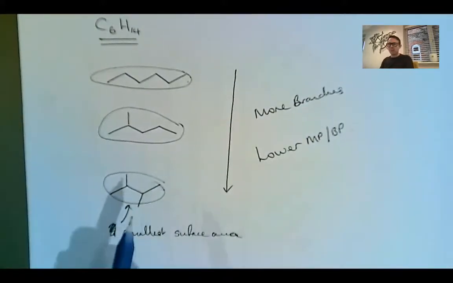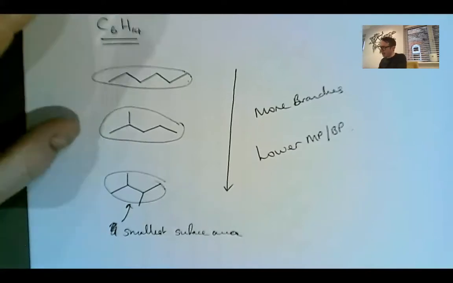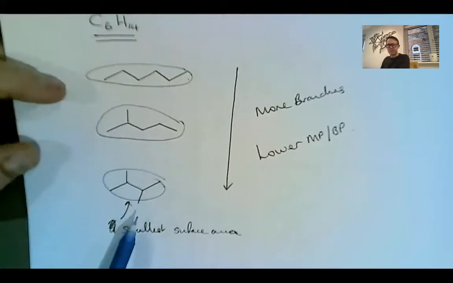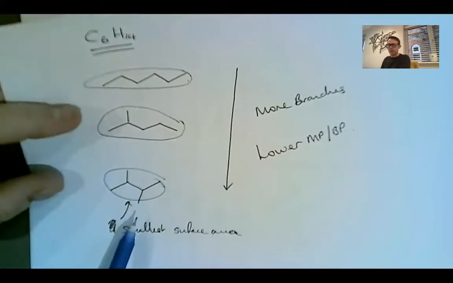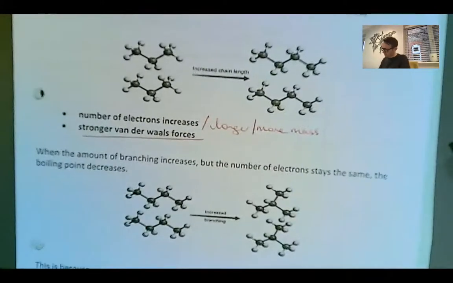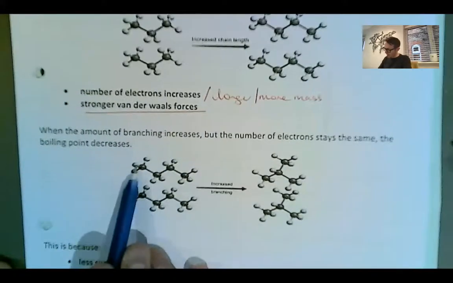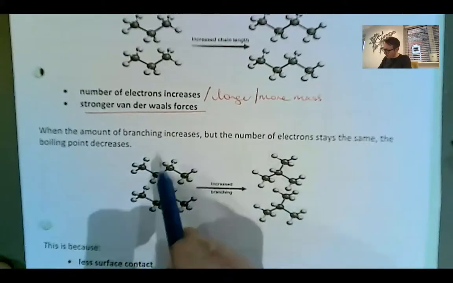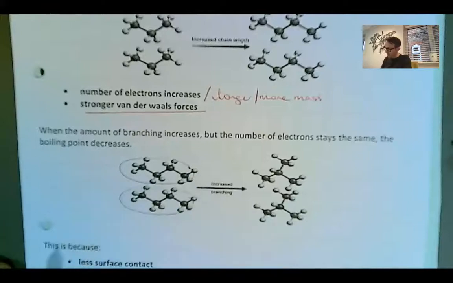So the more branching, the shorter they become. They become smaller in size, more clump shaped rather than long and thin. As a result, they have a lower surface area, and so they're going to have fewer points of contact to form van der Waals forces with their neighbors. If I show you here, we've got some straight chain butane molecules, 4 carbons long.